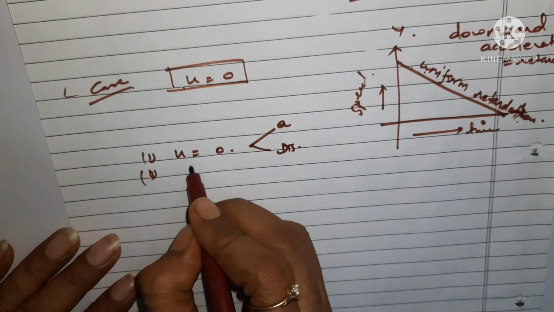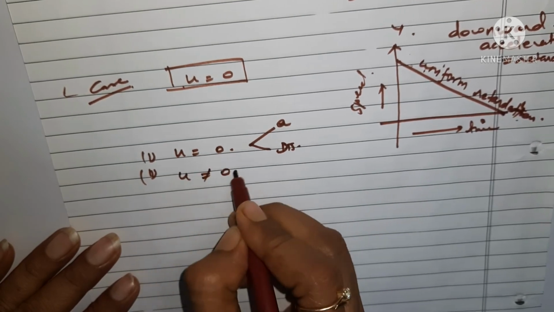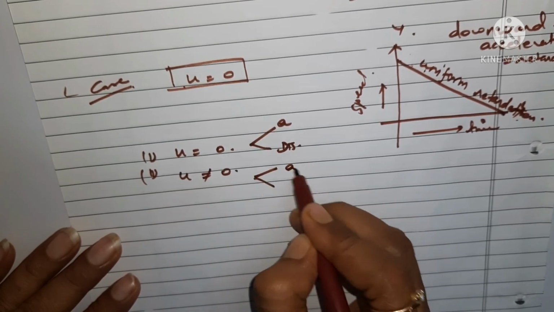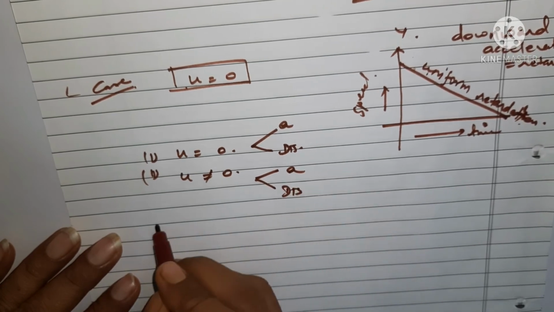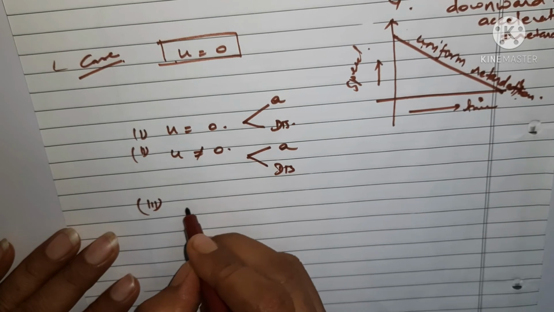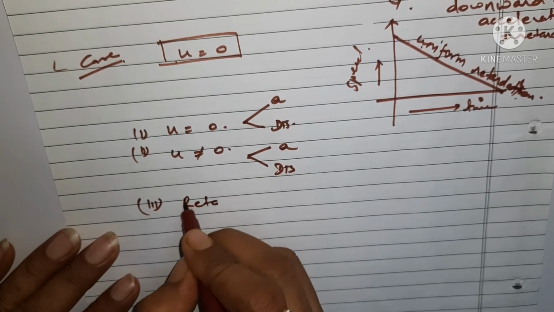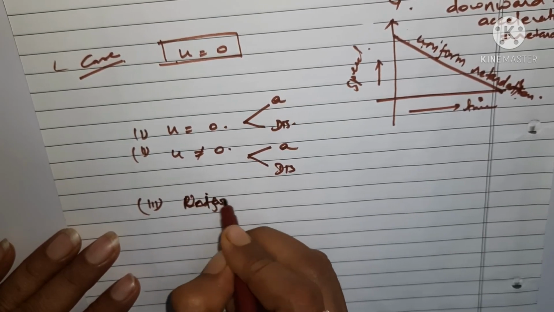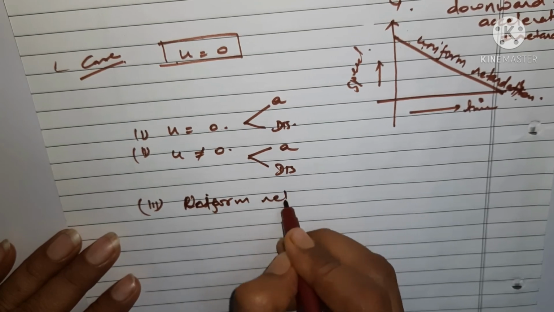Then when the initial velocity is not equal to 0, how to find acceleration and distance. And the third thing we have studied is retardation. We have seen how uniform retardation is shown in such cases.